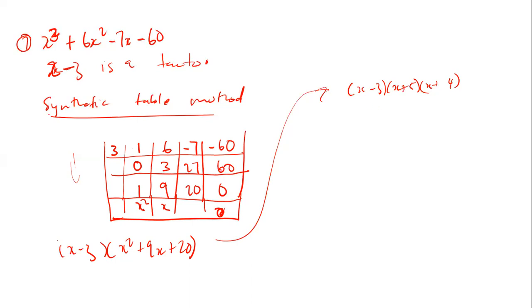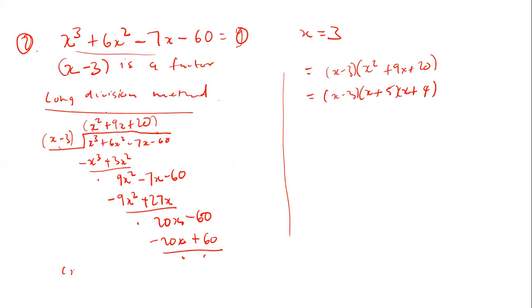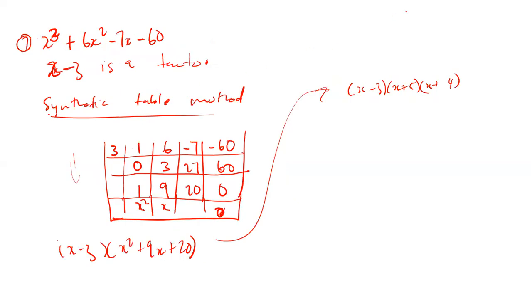And therefore, voila, we got the factors using the synthetic table method instead of long division method. So that means it's either you go for synthetic table method, or you go for your long division method. Okay, that's how we solve this equation.